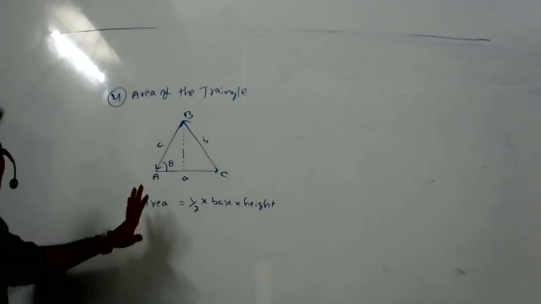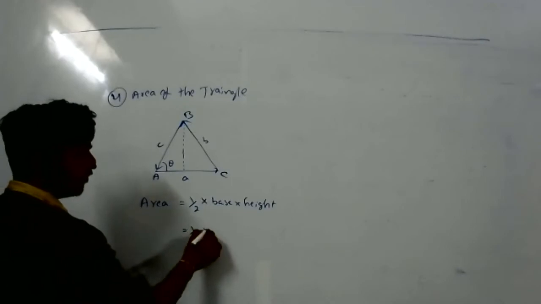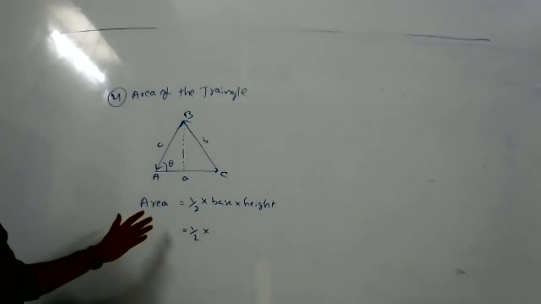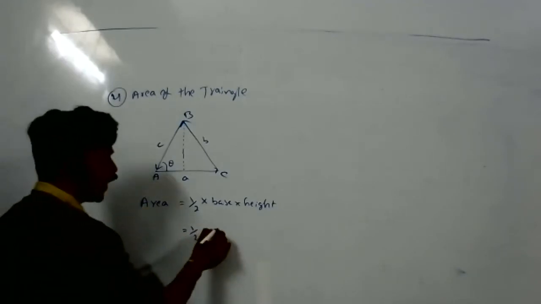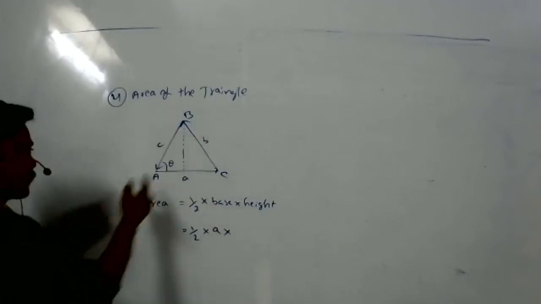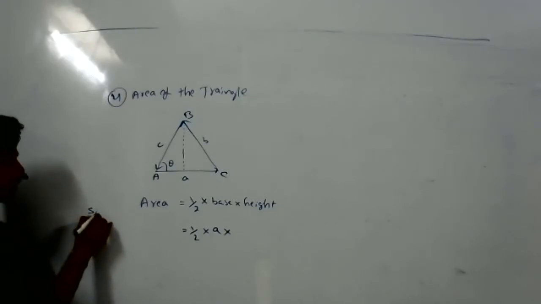If we take like that, the area is half into base, how much? Base is A. What is the height? If you want to calculate this side, what do we have to do? Trigonometry. A by 2 square. Can we do sin theta?